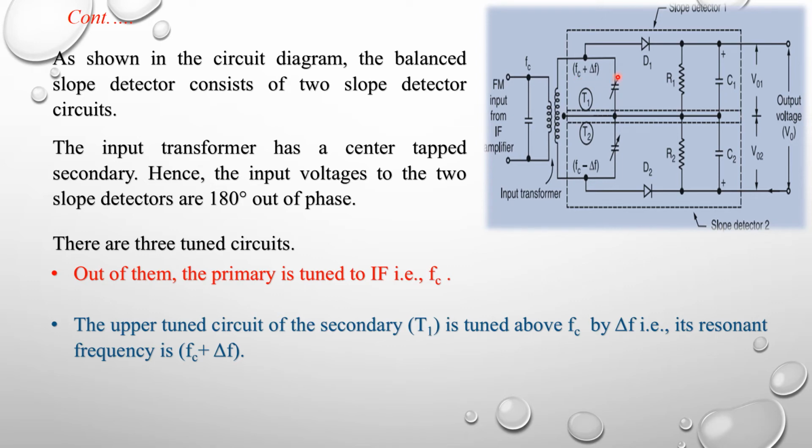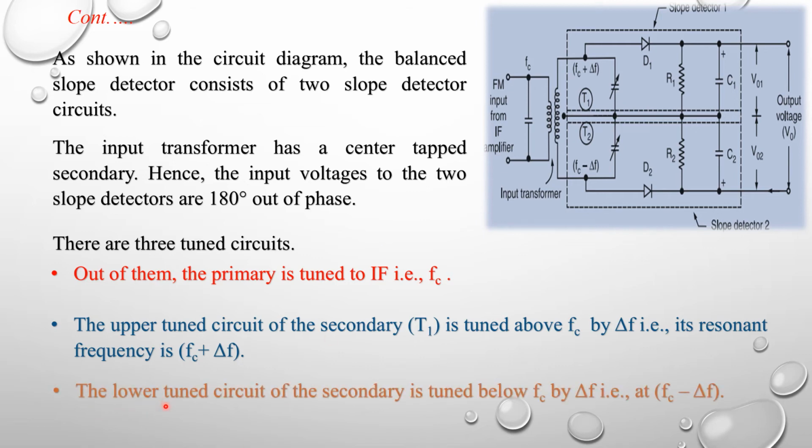The resulting tuning frequency is 10 kilohertz plus 5 kilohertz, which equals 15 kilohertz. So tuning circuit 1 is designed for the above values.